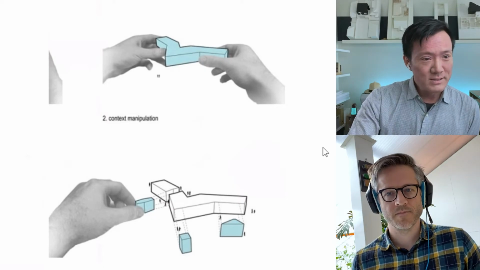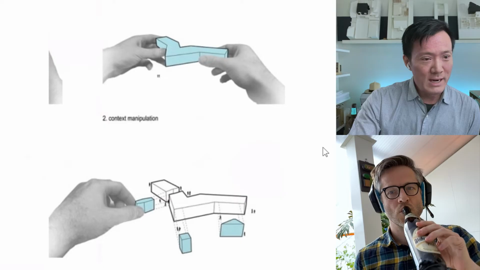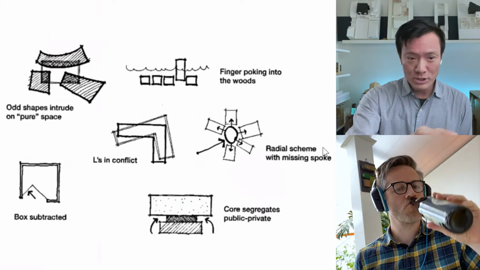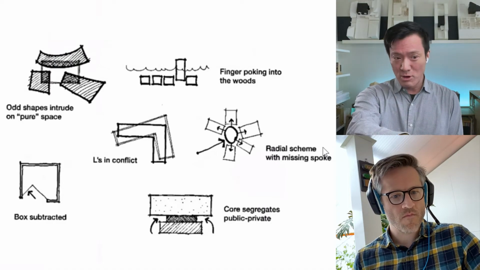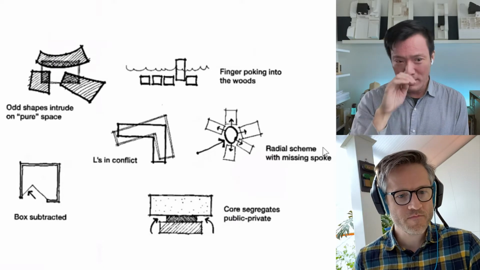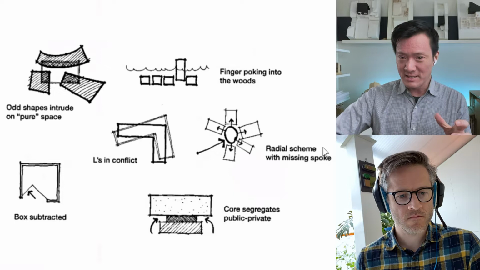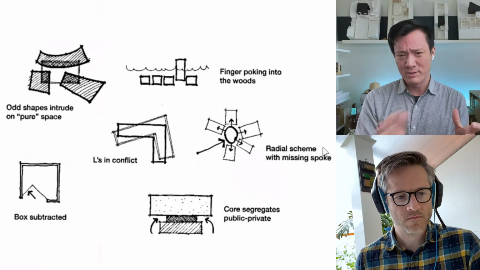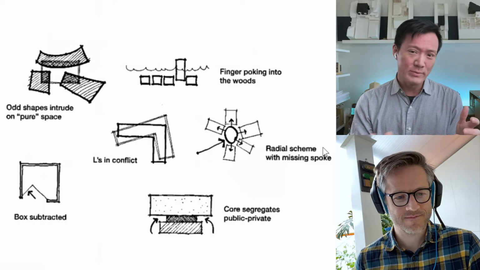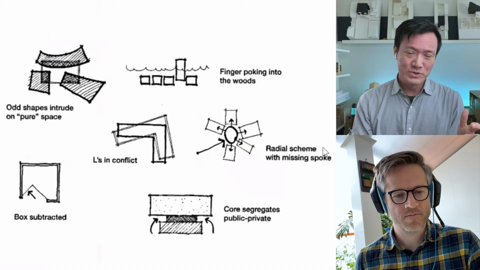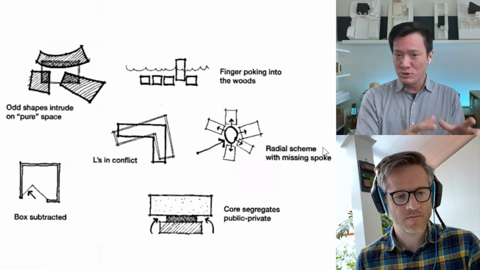However, I think there's a danger in some who just don't know how to make things look the way they are. Going back to the diagrams, for example, the box subtracted, well, you need to make the box first. And then to think, well, how do I cut? People love slicing things. Well, what does it look like when you slice something? So it's the actual act of making and doing exactly what you're saying.